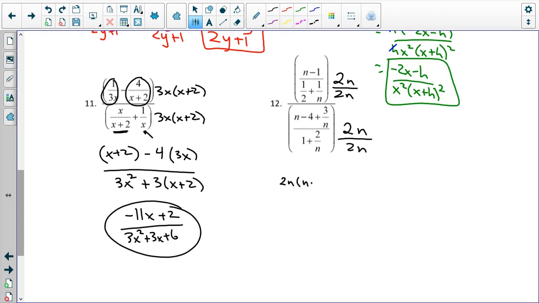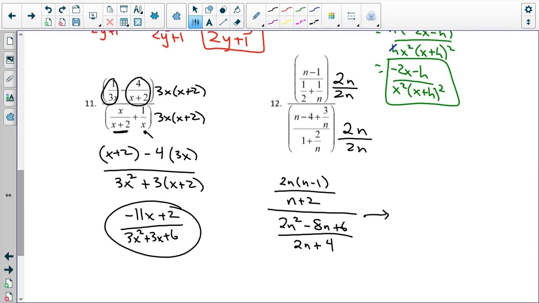So I have 2n times n minus 1 over n plus 2. And then the denominator is going to end up being 2n squared minus 8n plus 6 over 2n plus 4.